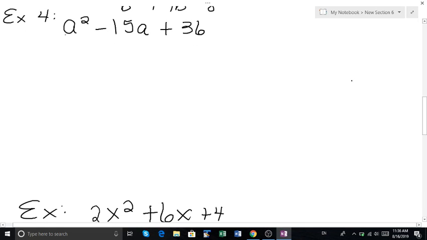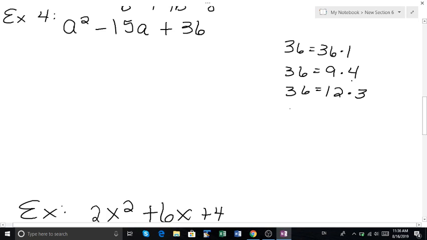Alrighty. Okay. So for this one, we know 36 equals 36 times 1, 9 times 4, 12 times 3. All right, so we need to pick one of these that will multiply together to give us a positive 36 and add or subtract from each other to give us a negative 15.